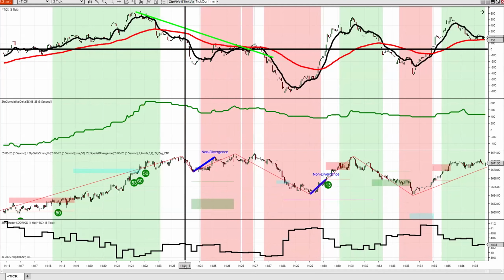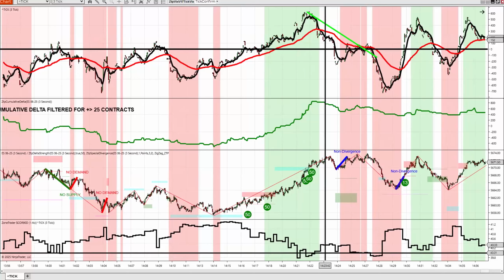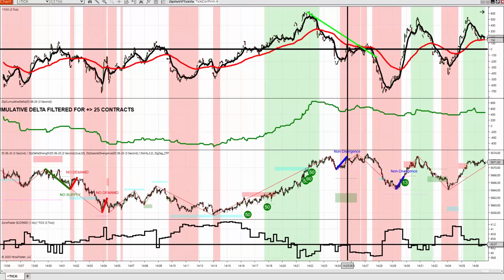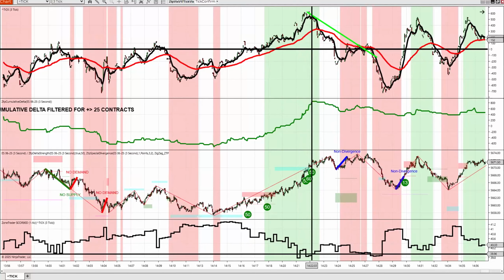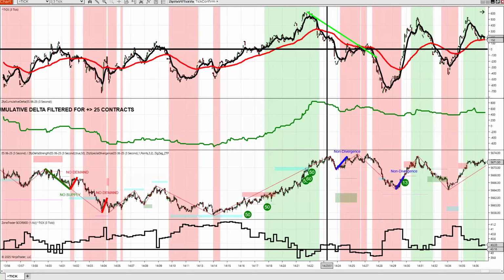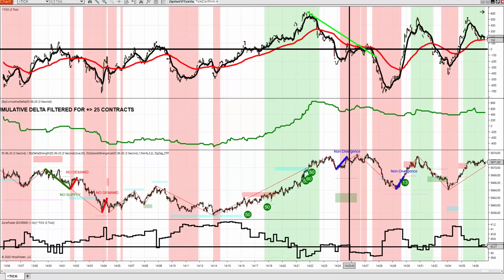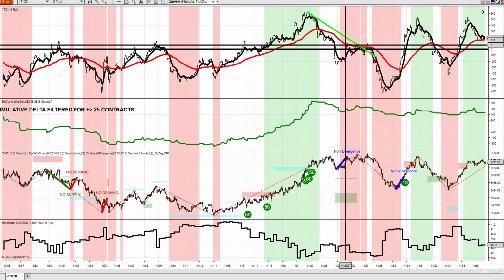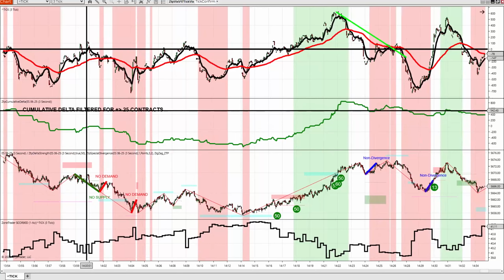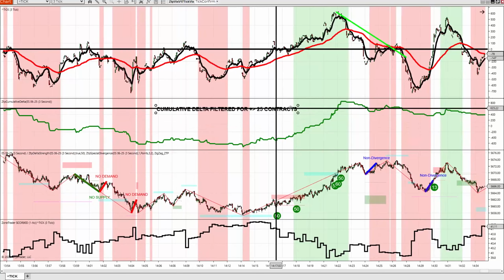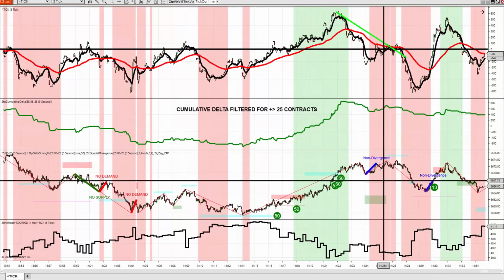What was also interesting going into this, again, I want to know what is happening with Core 90D. And we can see that the Core 90D was rising going into this. So we have the tick falling, we have our cumulative delta filtered for 25 contracts falling.